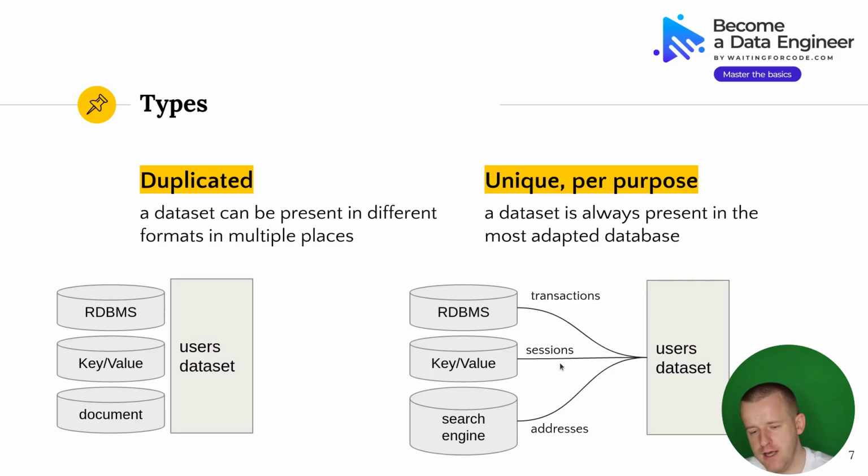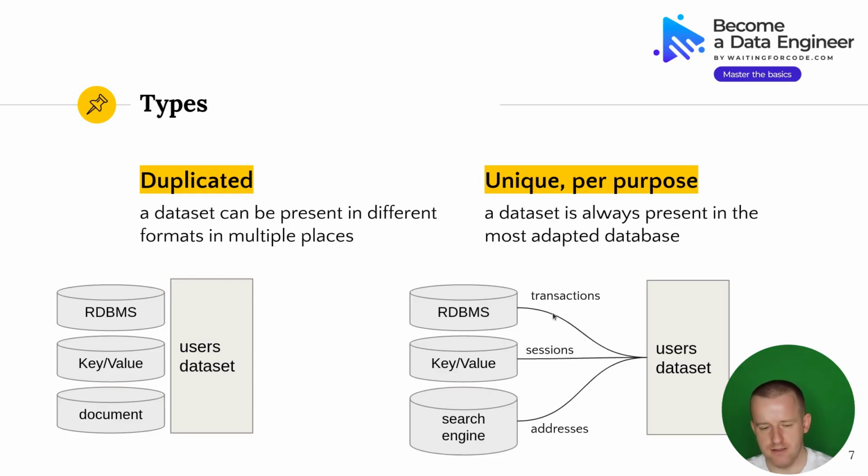So for example, in a relational database, we only need to get some user transactions. In the key-value store, we only need to have the session information. In the search engine, we only need the addresses because maybe our front end has some search capacity on the addresses for the users. And generally there are 2 ways you can implement this polyglot persistence.